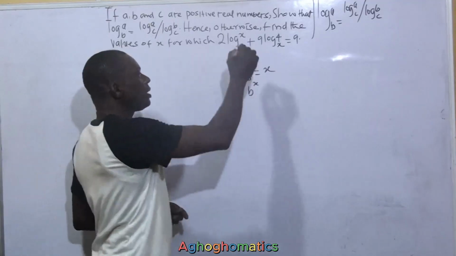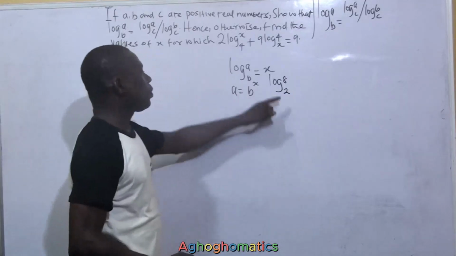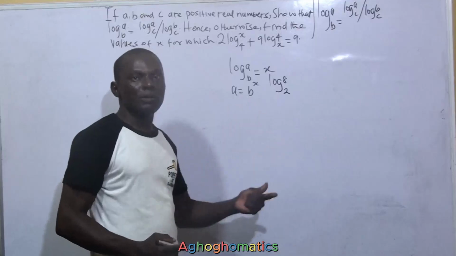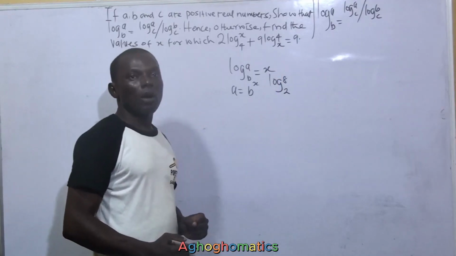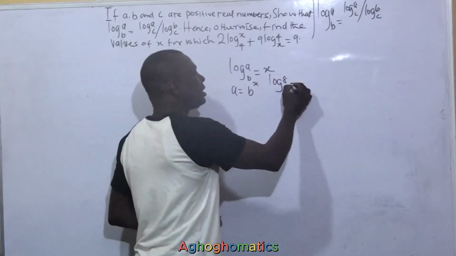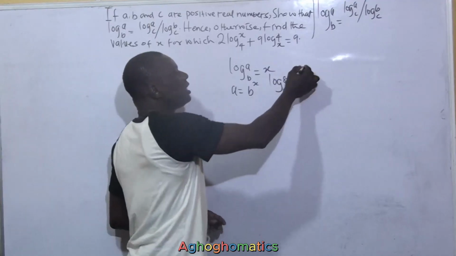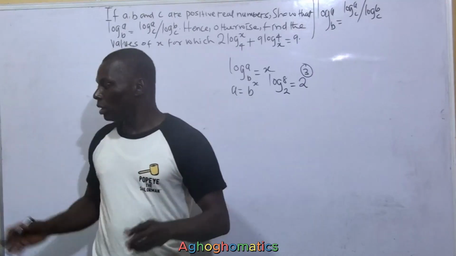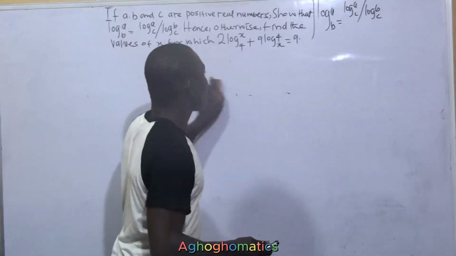That is why if we have log 8 to base 2, the question is how many times do we raise 2 to its power to give 8. That is 2 raised to power 3. So the logarithm of 8 to base 2 is just the index, which is 3. That is the simple definition of a logarithm.